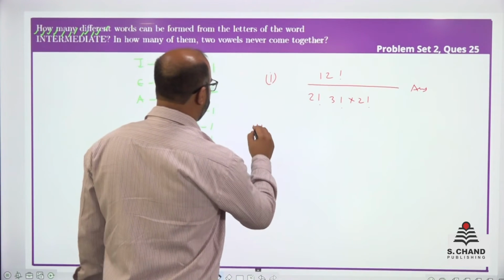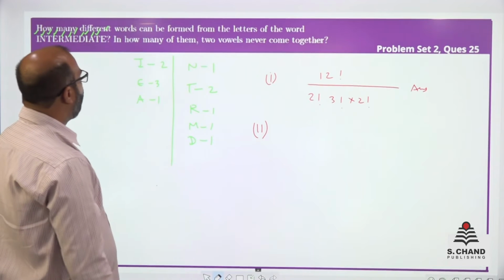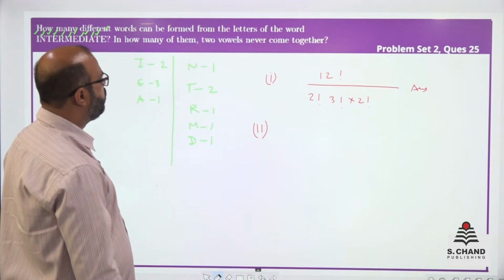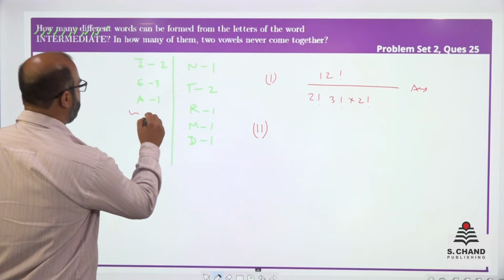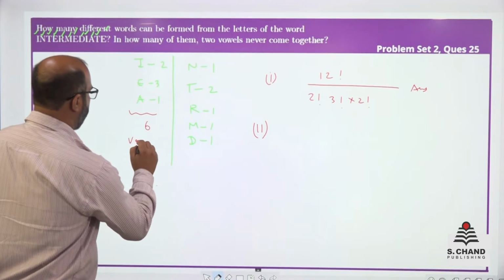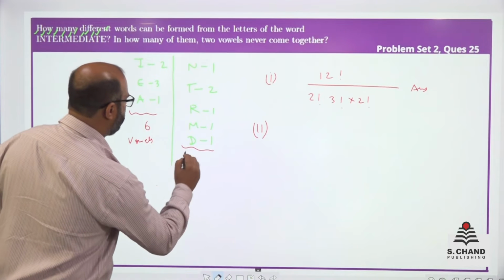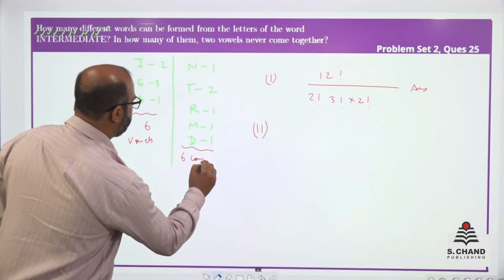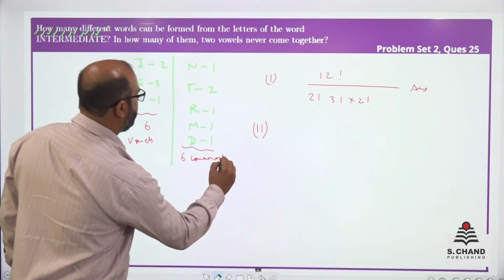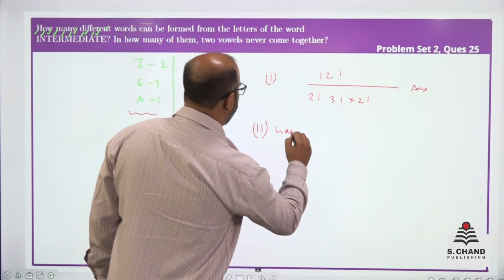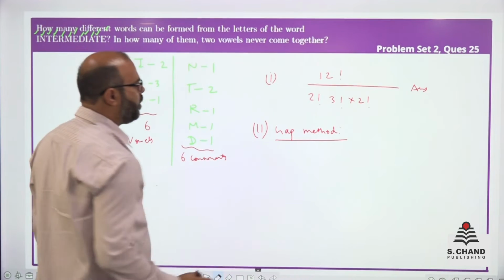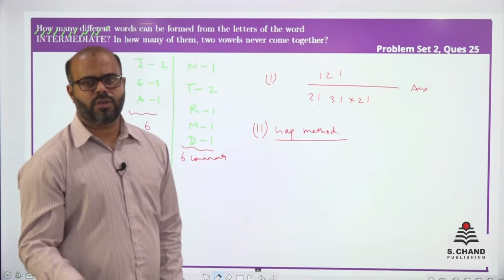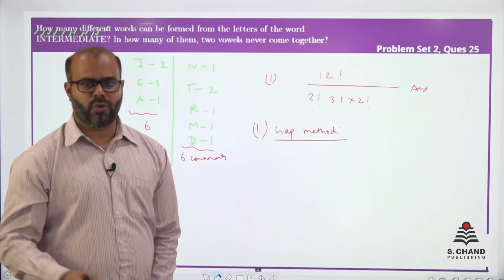For the second part, it says in how many of them 2 vowels never come together. The total number of vowels is 6, and the total number of consonants is also 6. So this is the gap method. In the gap method, first let us arrange those on which there is no condition of being separated or joined.